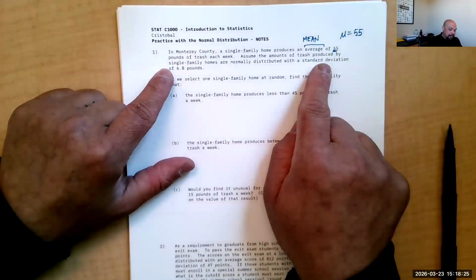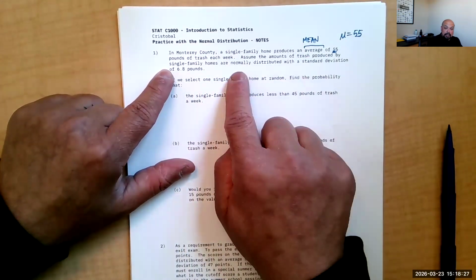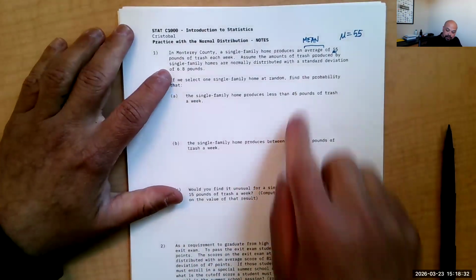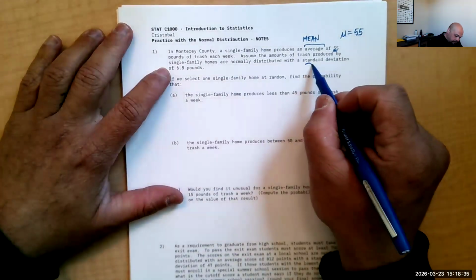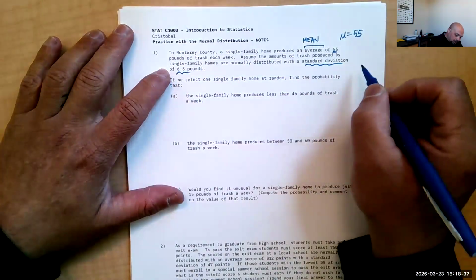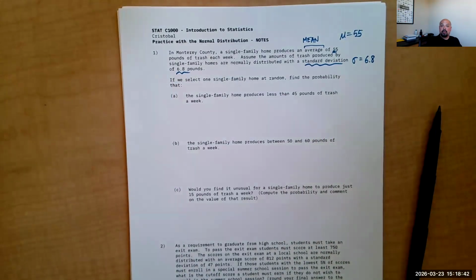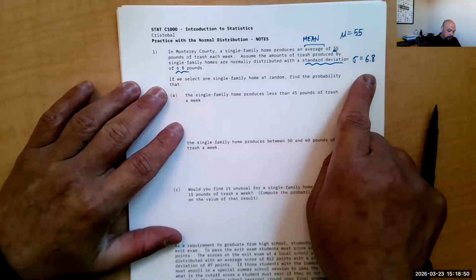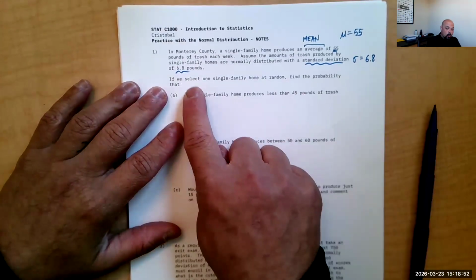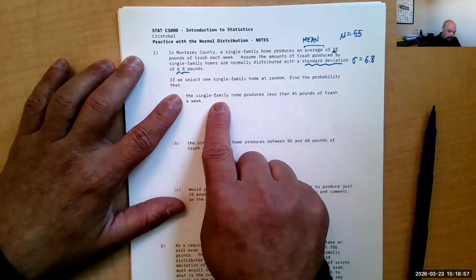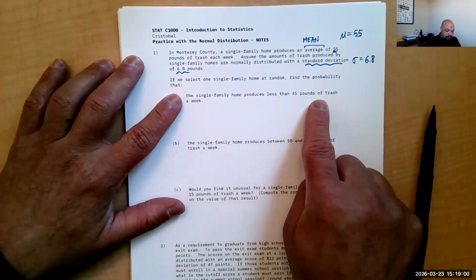Assuming that the amounts of trash produced by these single family homes are normally distributed, that allows us to use our normal distribution calculator, with a standard deviation of 6.8 pounds. So there's our sigma, 6.8 pounds. We know not every family is going to produce the same amount. There's going to be some variation. If we randomly select one single family home, find the probability that it produces less than 45 pounds of trash.